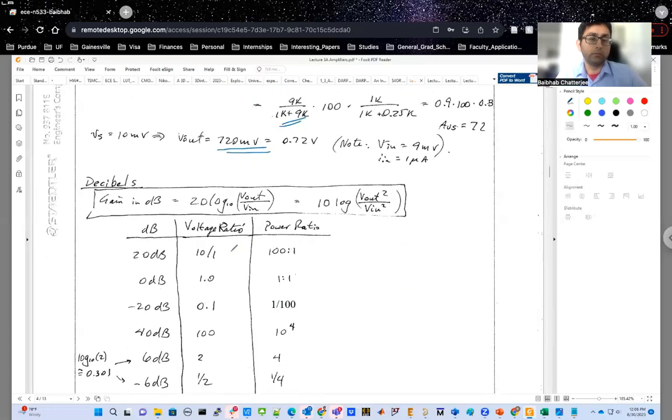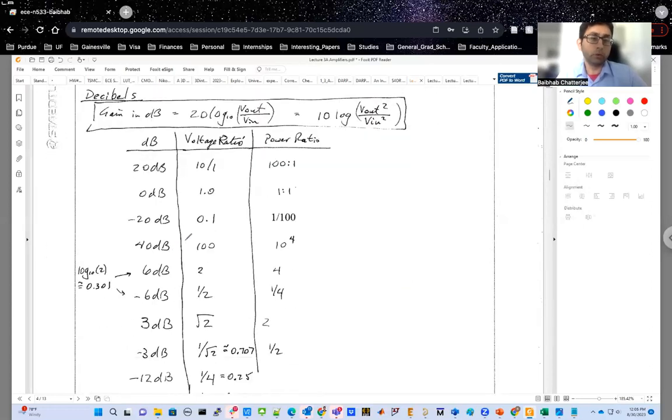All right. Now, this table just shows what would be the value in dB scale if you have a specific voltage ratio or a power ratio. You do not need to remember it, but just keep in mind that this is something you should be able to do even with a calculator.